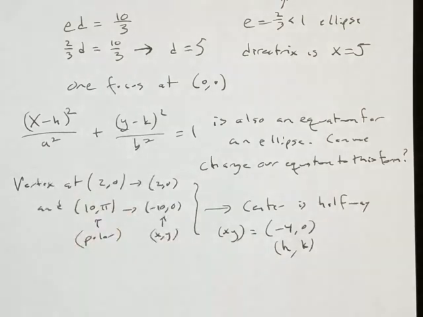I only have H, K, A, and B, and I'm telling you I know one more of them. It's either A or B. Which one goes from the center to a vertex? A or B? Because that's the longer one. A is bigger than B. And so that tells me A is 6.